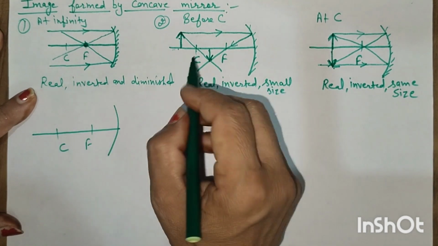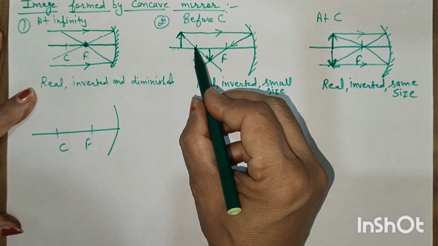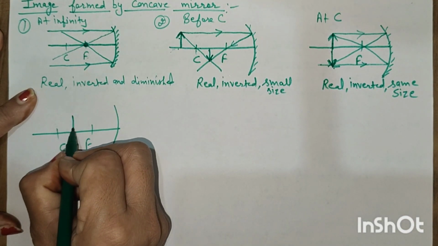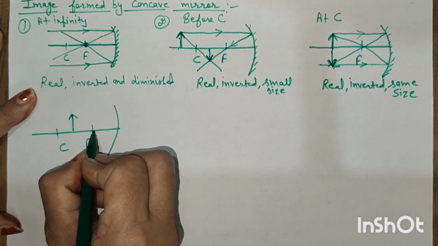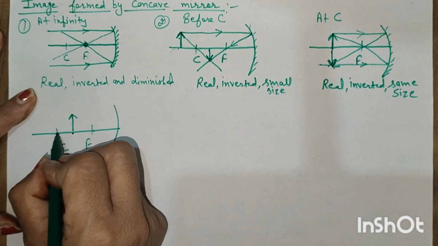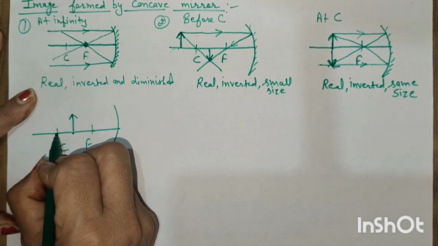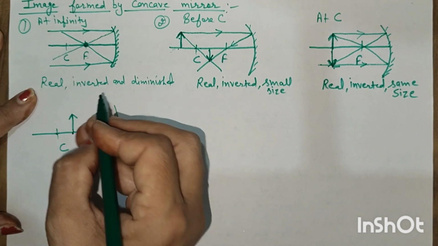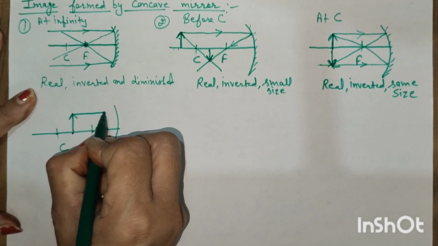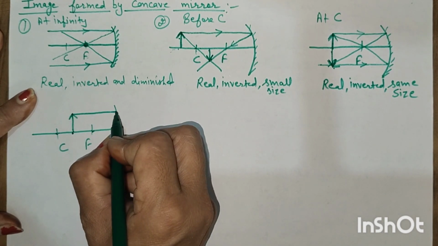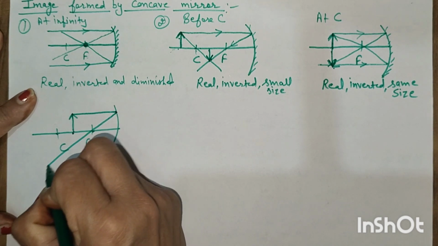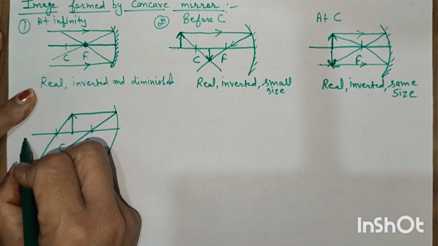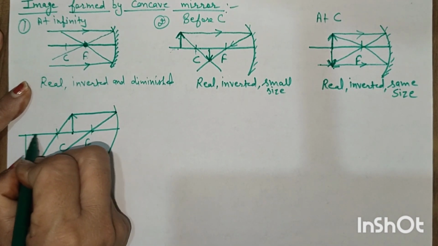The object is placed first at infinity, then beyond C, then at C. Now between C and F, you can say three positions: when the object is between C and F, or after the C, or before the F. You can take all three positions the same. First the ray goes parallel to the principal axis, then passes through the focus and then passes through the center of curvature, and the image is formed.